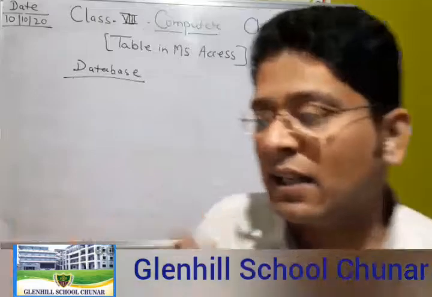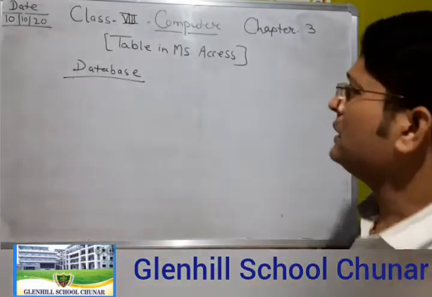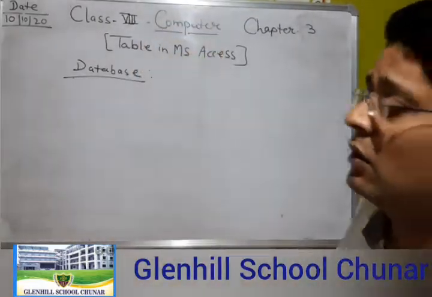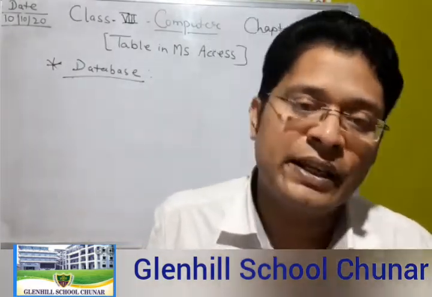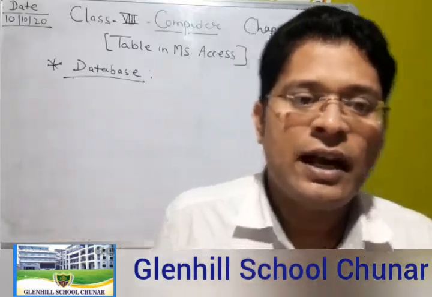A database is a collection of information that is organized, easily accessed, managed and updated. Clear about the database? A database is a collection of information that is organized, easily accessed, managed and updated.